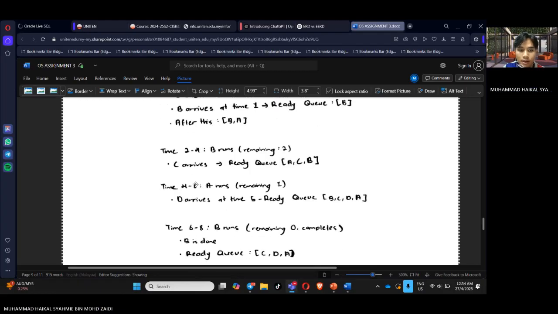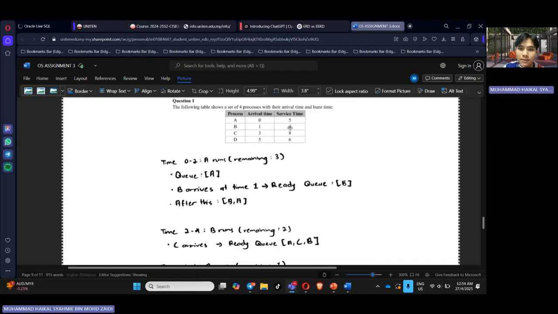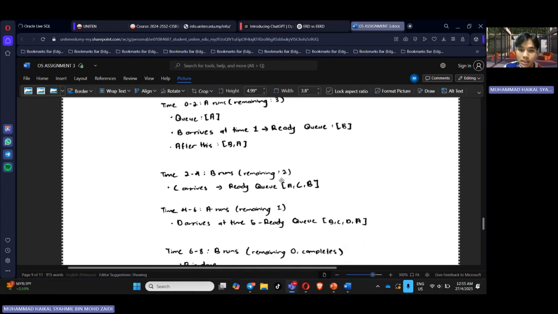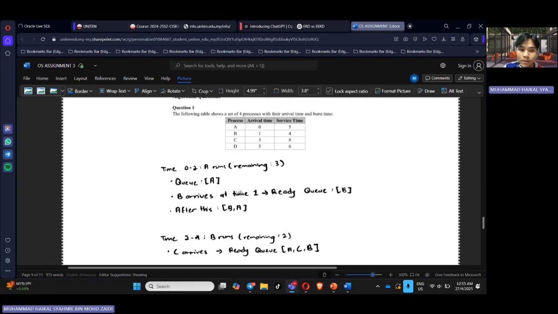So after that, at time 2 until 4, B runs and service time of B is 4. So B minus 2 because the time quantum is 2. So 4 minus 2, so we get 2. So the remaining for the B is 2. So C arrives at time 3.